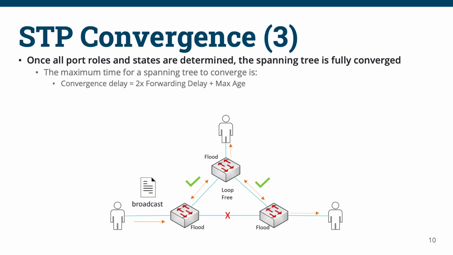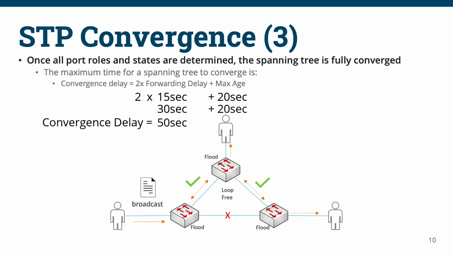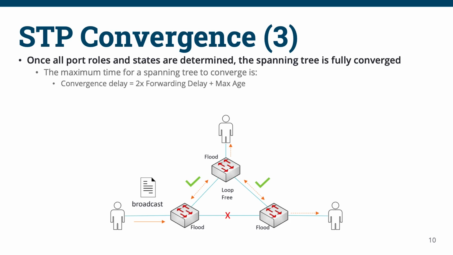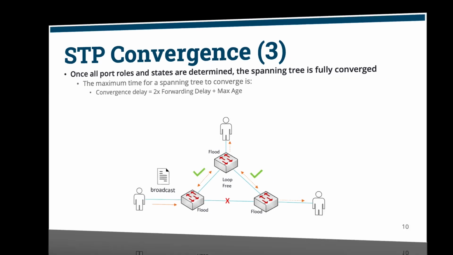By default, the forwarding delay is 15 seconds, and max age is 20 seconds. This means the convergence time, by default, is 50 seconds, nearly a full 1 minute for production traffic to begin flowing through the network. So now, what happens when a topology change occurs?